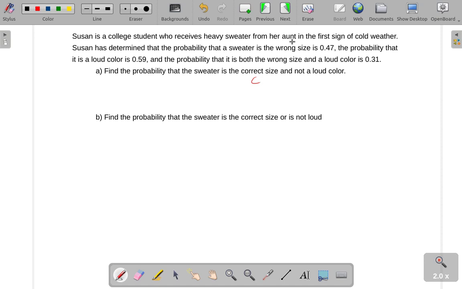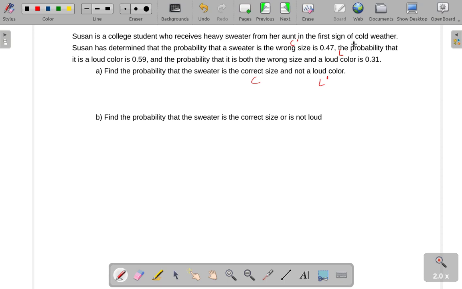If I'm talking about the wrong size, this would be C complement. So the correct size would be C, the wrong size would be C complement. Just like with variables, you want as few event names as possible. Let's say a loud color is L. Thus, not a loud color would be L complement.